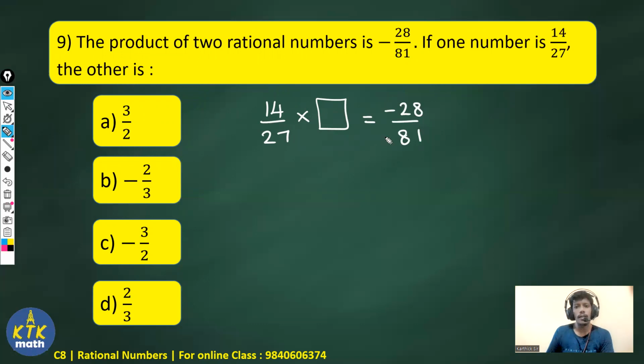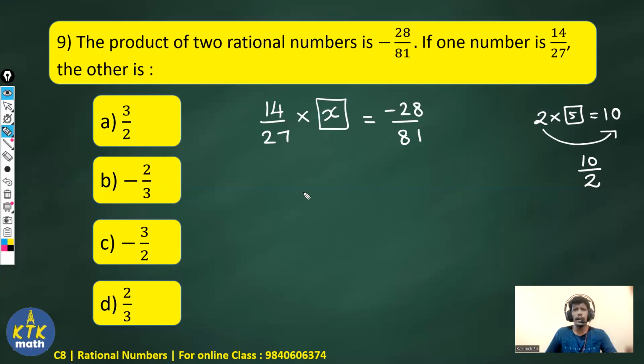How to find this? For example, if I say 2 times what number is 10? What will you say? You will say 5. How does that 5 come? I move this to here and make it divide. The opposite of multiplication is divide. Same way I'm going to do. So instead of here, I'm going to make it some x.